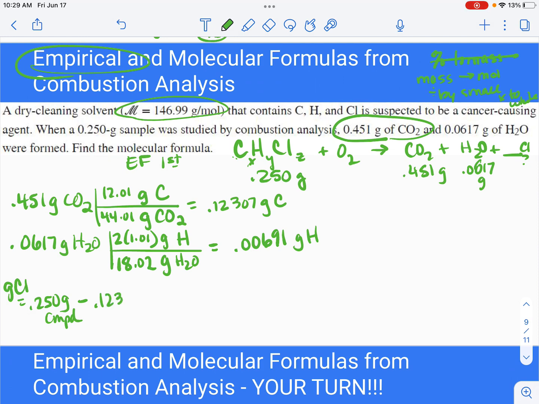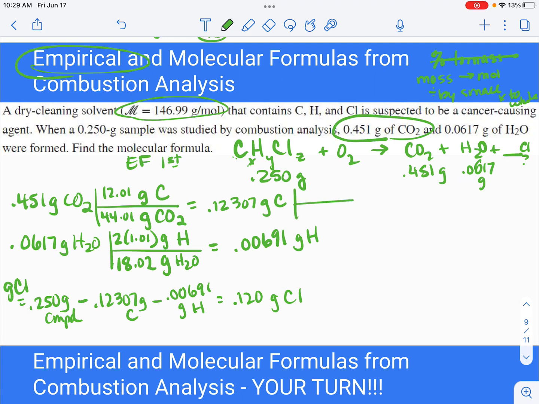And I can subtract the 0.12307 grams of carbon and the 0.00691 grams of hydrogen and find that this is 0.120 grams of chlorine. And I'm going to go ahead and round to 3 decimals because that's where my compound was. Okay. Now I'm ready to do what I would always do in an empirical formula question.